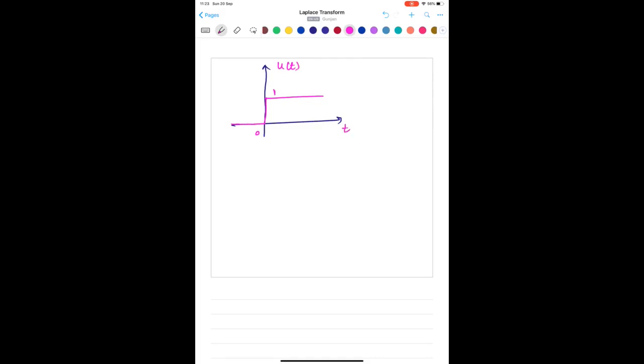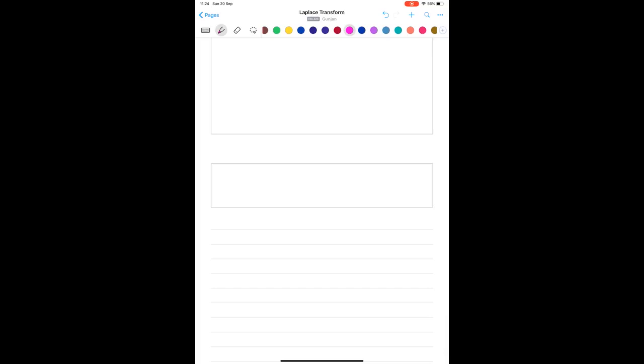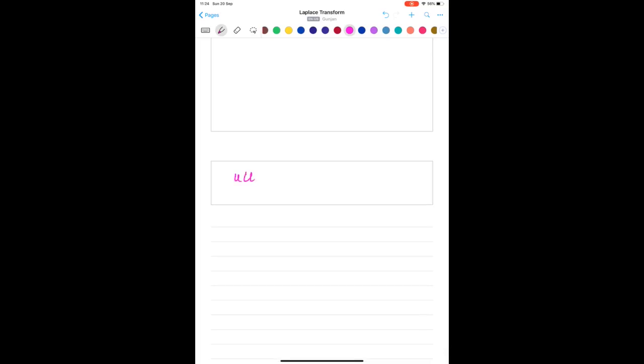So this is 0, and then it rises in a step, and up to infinity in time the amplitude is always equal to 1. So in terms of notation, as I explained in the previous lecture also, u of t is equal to 1 for t greater than or equal to 0 and 0 elsewhere.